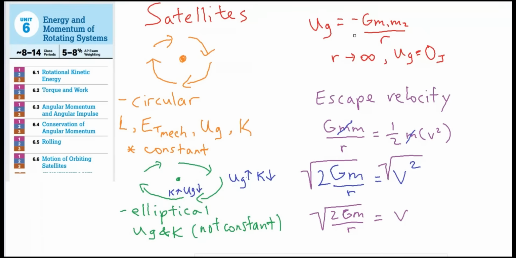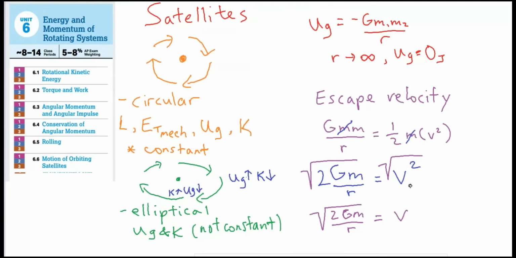If something is trying to reach an escape velocity, that means a velocity where it is moving away from, we'll say, a planet and not getting pulled back down by its gravitational force. So we have our GMm over R, our gravitational potential energy, equal to our K. And if that K is equal to or greater than that value, then the velocity is going to allow that object to escape.